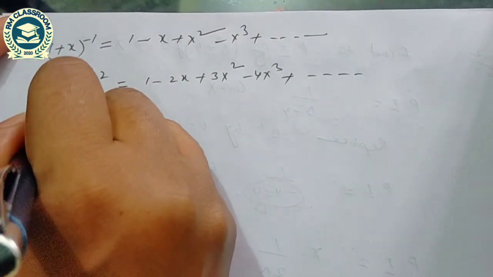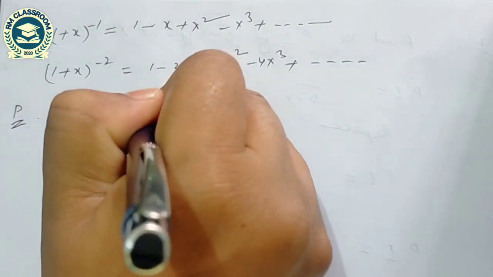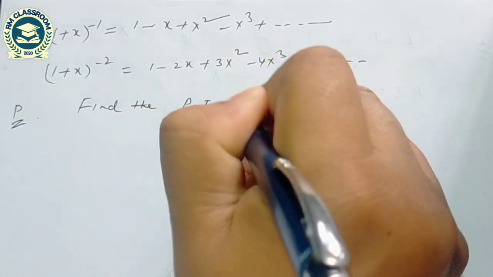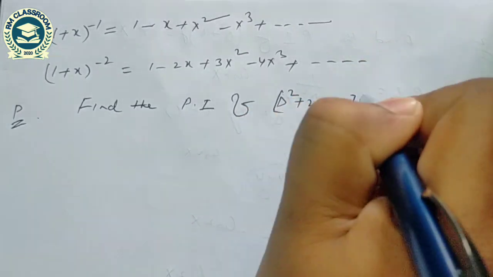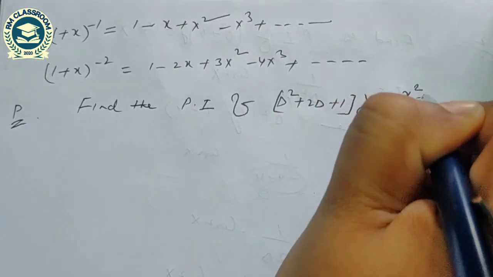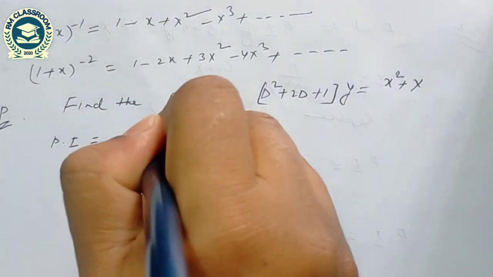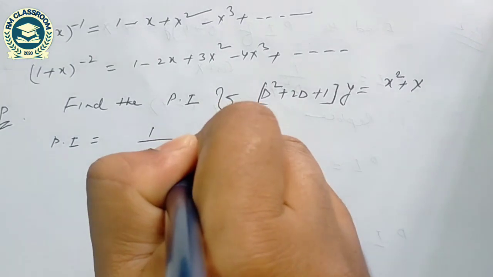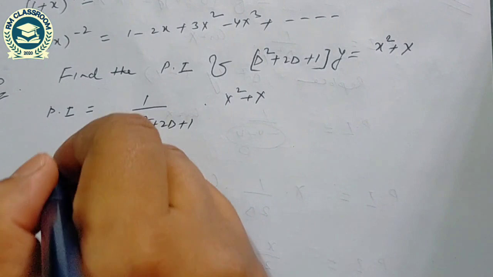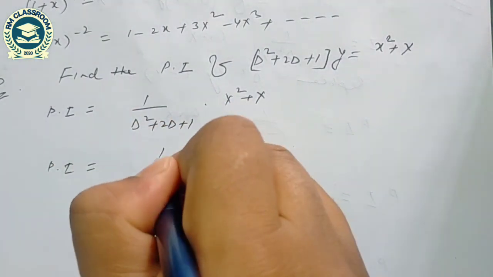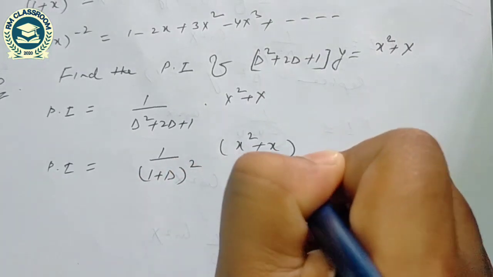So let us take one example. Find the particular integral of (D square plus 2D plus 1) y is equal to x square plus x. So the particular integral is equal to 1 by (D square plus 2D plus 1) into x square plus x, or 1 by (1 plus D) whole square into x square plus x.